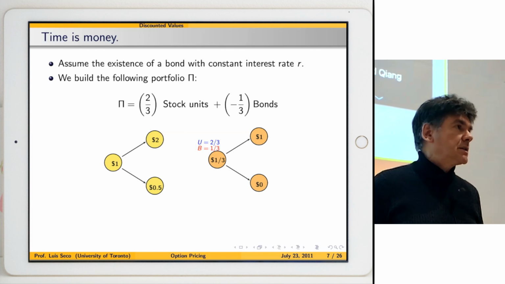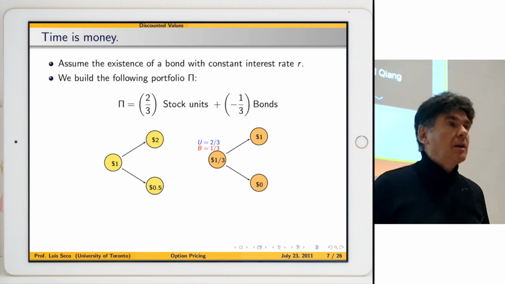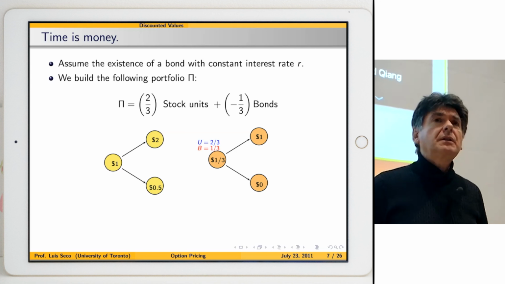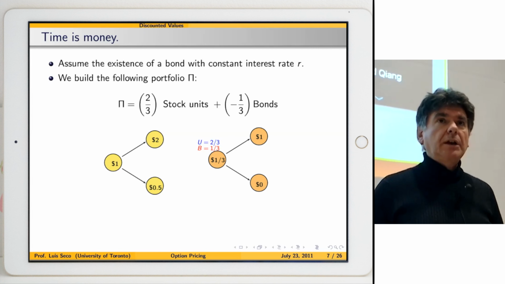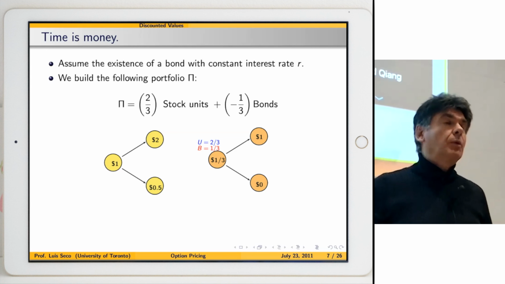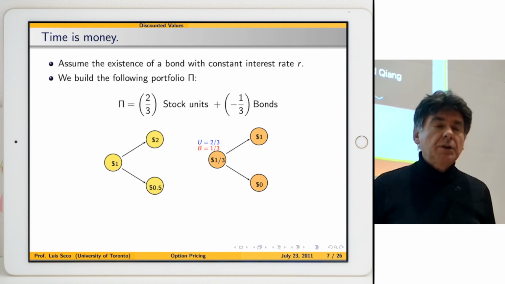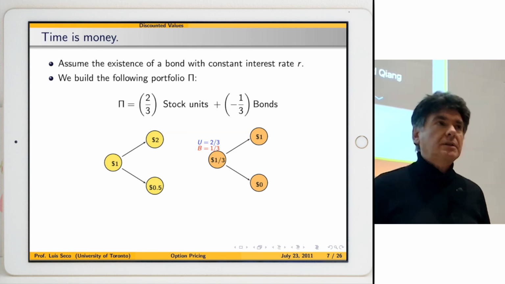And that is what is related to interest rates. So that's why that replicating portfolio will always work independently of what the interest rates are. Interest rates do not change the replicating portfolio in this particular case. Interest rates will change the value of the replicating portfolio now. Because if interest rates are higher than 0, the bond is going to be worth less than 1, therefore the price is going to be more expensive.